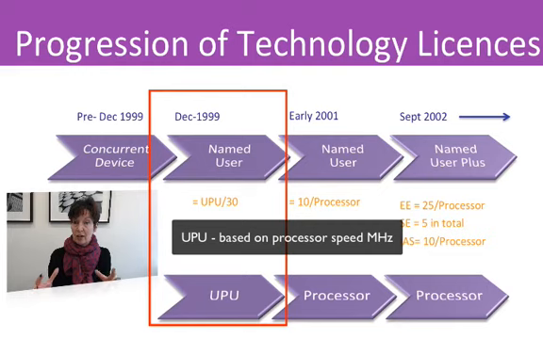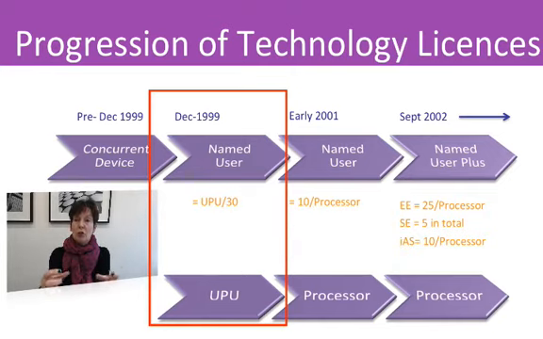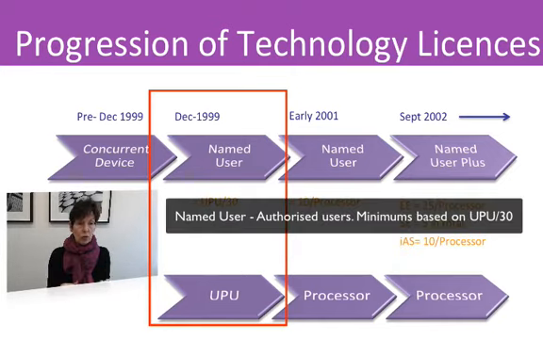So if you can't count the users, you have to work out the speed of the box and work out how many of these universal power units you need. Alternatively, how many people you're going to have logged in, how many people are you going to have authorized to use the system, and everybody gets a named user. So that's how you buy your licenses. And there's a minimum that you have to have of named users, and you use your calculation of universal power units first to work that out.